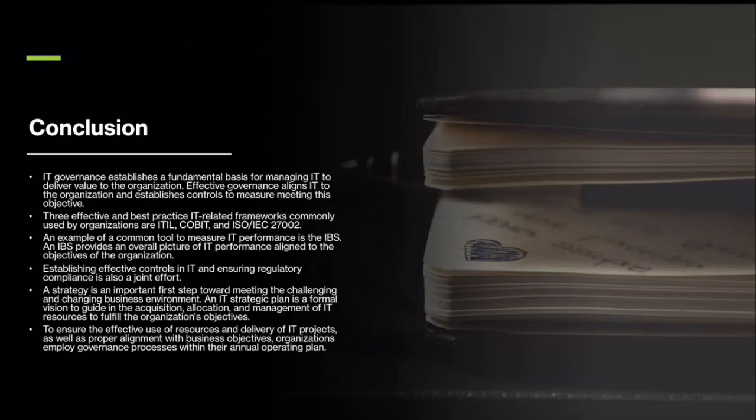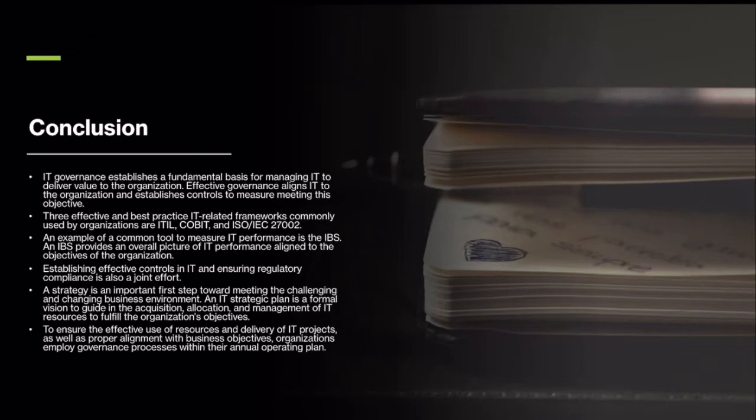An example of a common tool to measure IT performance is the IT Balanced Scorecard or IBS, which provides an overall picture of IT performance aligned to the objectives of the organization. It specifically measures and evaluates IT-related activities, such as IT projects and functions, performed by the IT department from perspectives like IT-generated business value, future orientation, operational efficiency and effectiveness, and end user satisfaction.